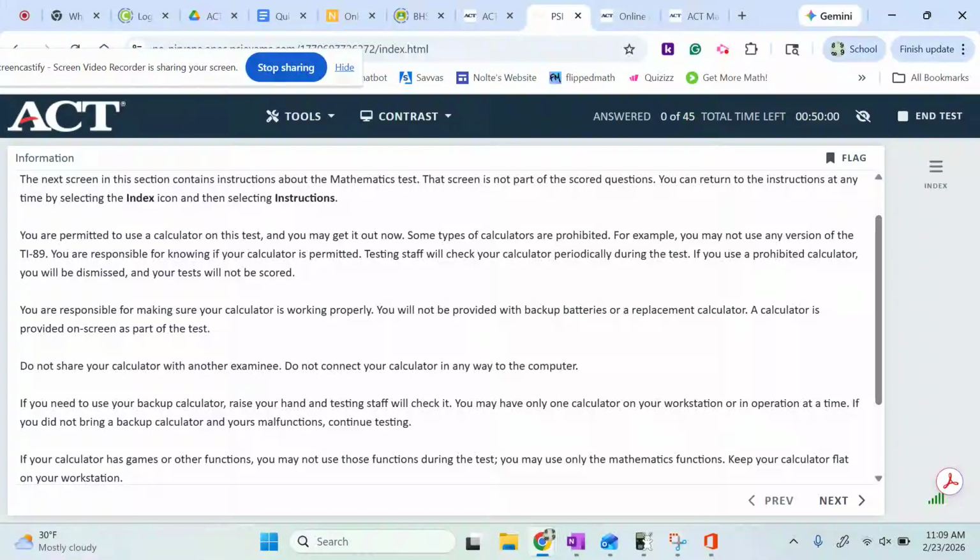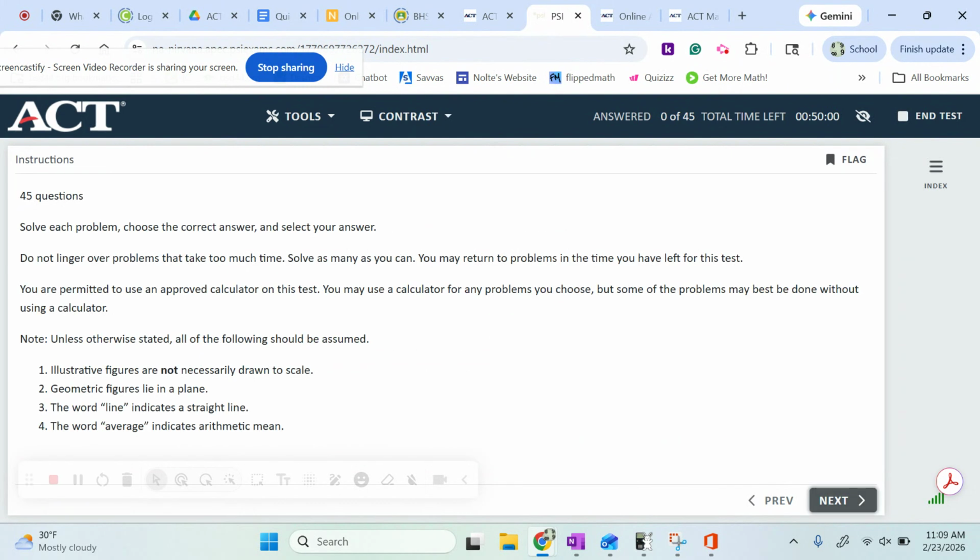I just wanted to quickly show you what the platform looks like. There's a ton of stuff on the ACT website that shows you what this will look like. Okay, so it has this basic platform. It gives you the time up at the top. Once you hit next, your clock starts to tick. Okay, so you have 50 minutes to complete these 45 questions.